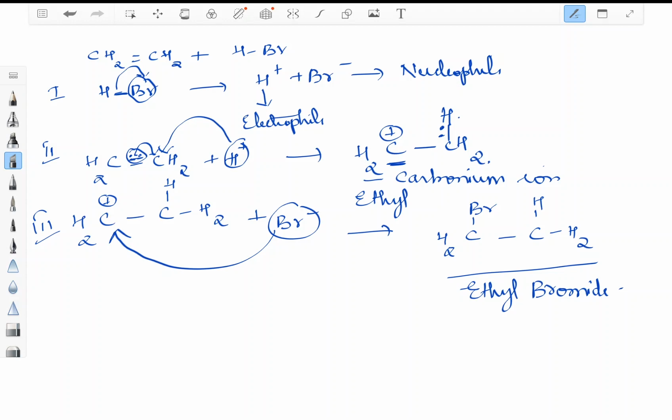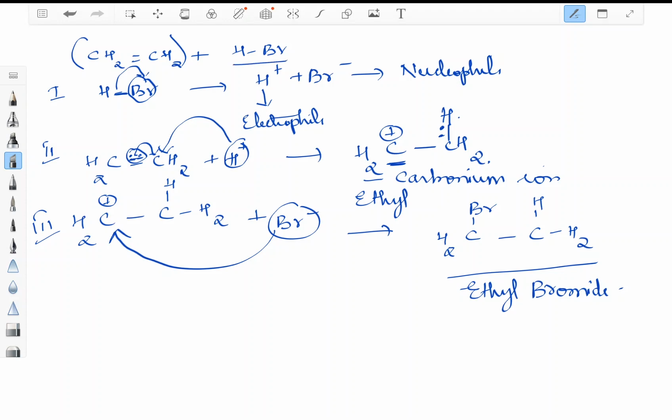So the statement here is, when an alkene is symmetrical, like this alkene here, and reacts with a reagent, it has two possibilities, and the reagent can be symmetrical or unsymmetrical. Here the reagent is unsymmetrical.